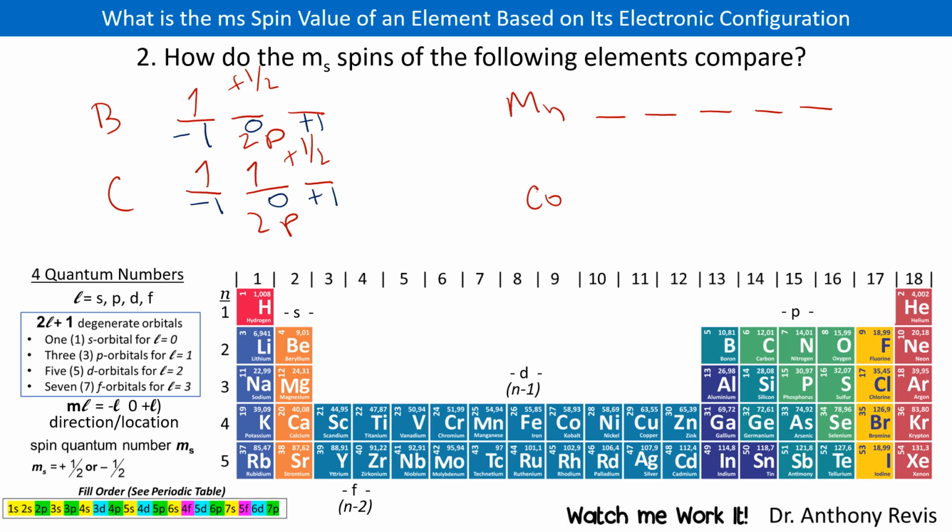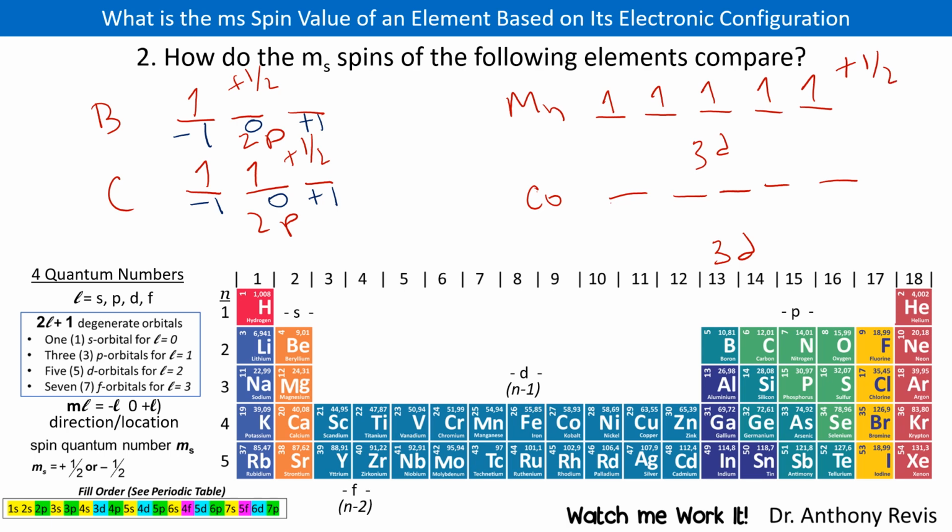So we're going to write out our 3d orbitals here. And we're going to populate this with electrons for the d. For manganese, we have 1, 2, 3, 4, 5. We conveniently count it on the periodic table there. And this is going to be 1, 2, 3, 4, 5 for a plus 1/2.